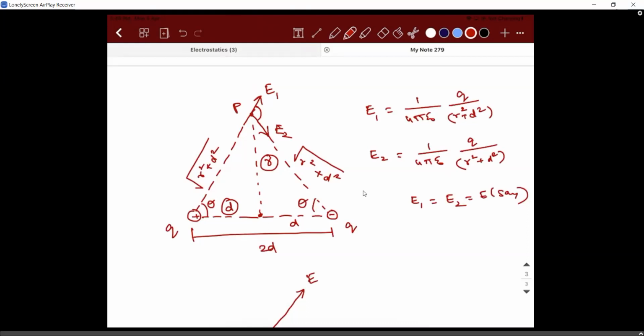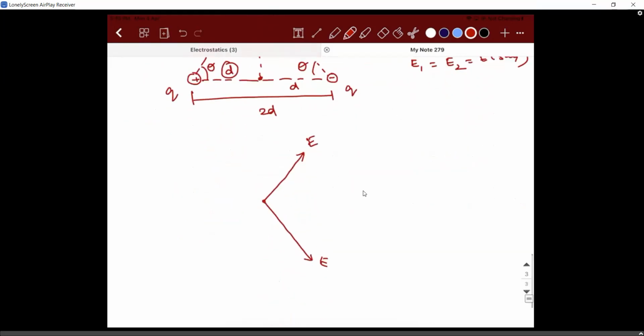So if I call this alpha, exterior angle is equal to sum of opposite interior angles. So this is going to be 2 theta. Right. If this is going to be 2 theta, then the parallelogram law of vectors tells us an important phenomenon.